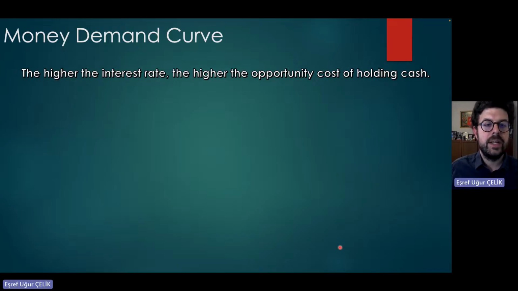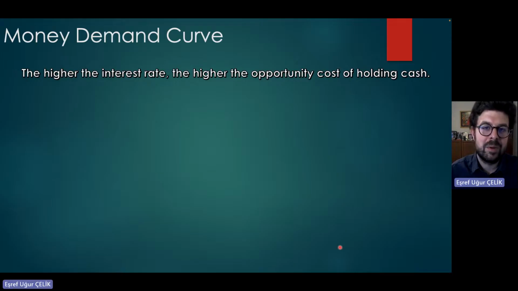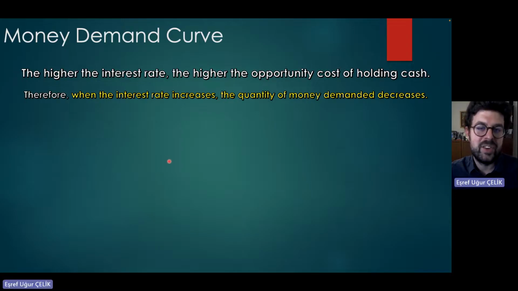So a higher interest rate means a higher opportunity cost for holding cash. There is an investment opportunity over here, but you do not put money into that investment opportunity. Rather, you put your money into your wallet. So the opportunity cost becomes higher. But for a rational consumer, when the interest rate increases, the quantity of money demanded decreases.